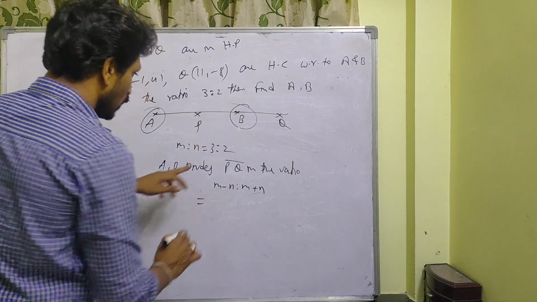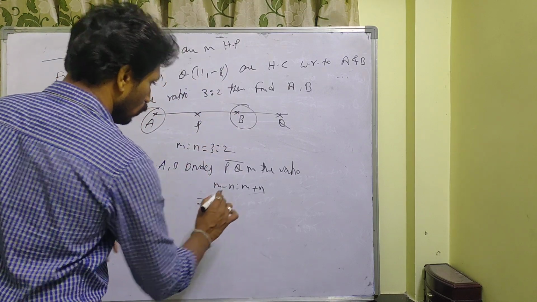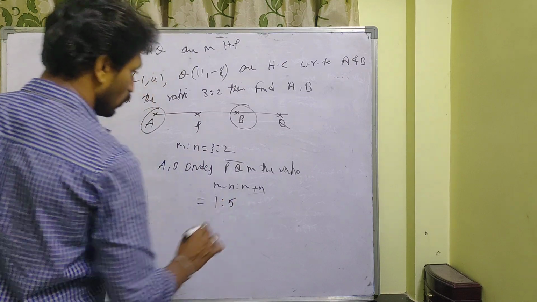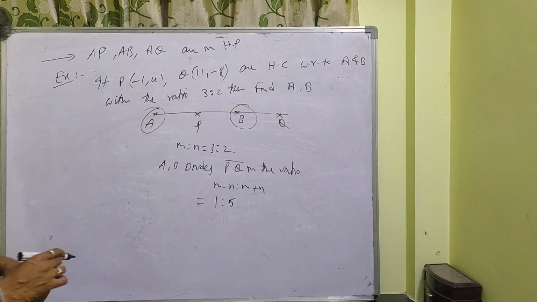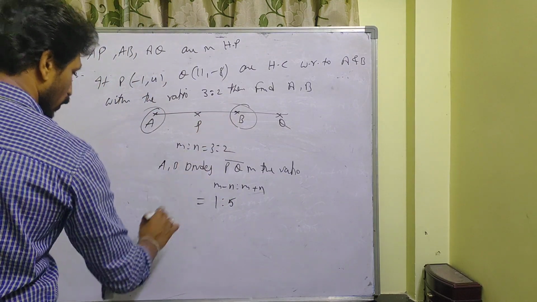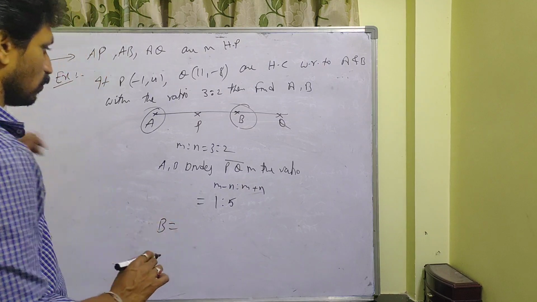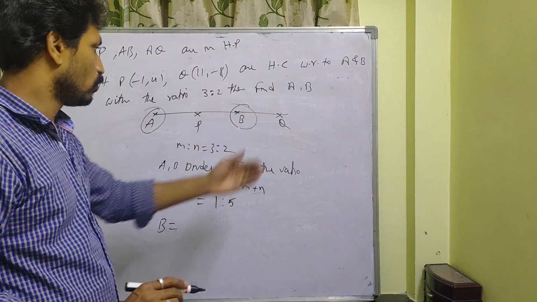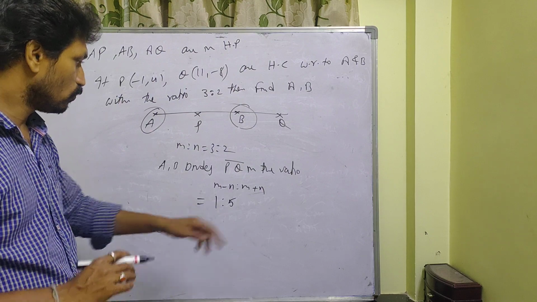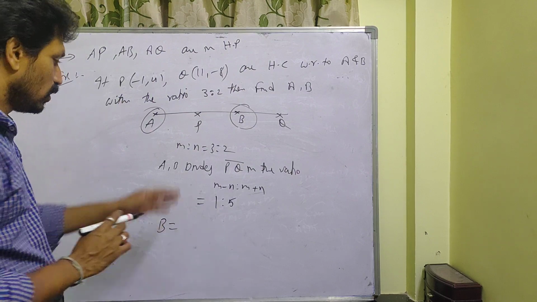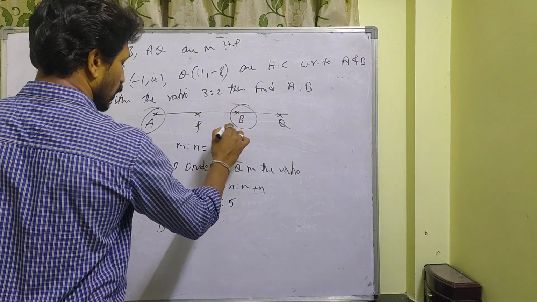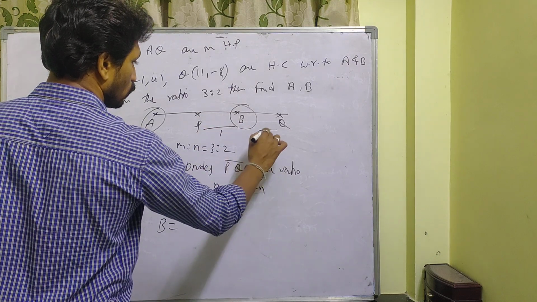So what is m minus n? 3 minus 2, 1, m plus n, 3 plus 2, 5. So to find first B, B divides PQ in the ratio 1:5. Okay, so that means B divides PQ in the ratio 1:5.